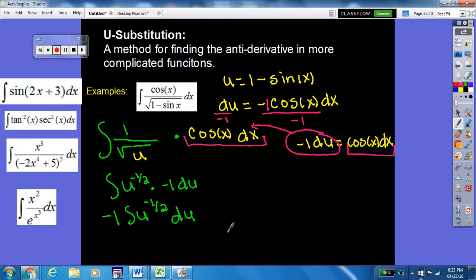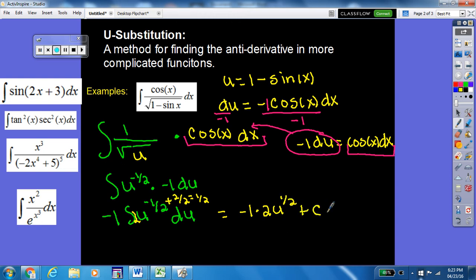Okay? So we're now just going to go ahead and focus on taking the antiderivative of this piece right here. And we can use that rule of adding 1, multiplying by the reciprocal. In this case, I'm going to get 1/2. If I multiply by the reciprocal, that would be a 2. So in the end, I'm going to get negative 1 times 2u to the, let's see, 1/2 plus c.